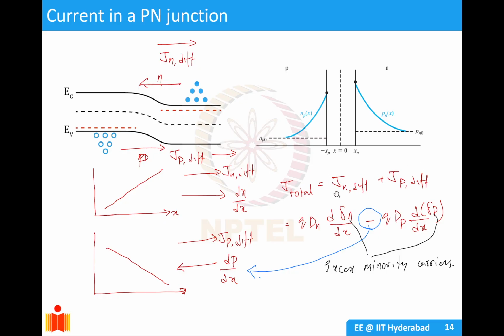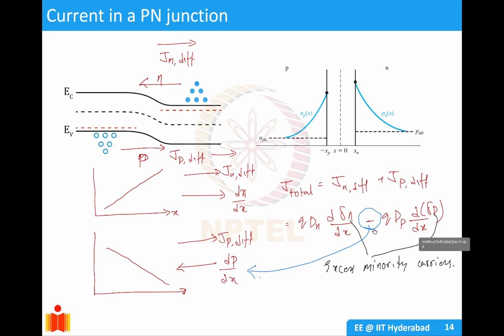Electron diffusion current is given as q Dn d delta n by dx. Hole diffusion current is given by minus q Dp d delta p by dx. This minus sign is coming because hole current is in the opposite direction of electron current. But when you solve d delta p by dx, that will also result in a negative sign.